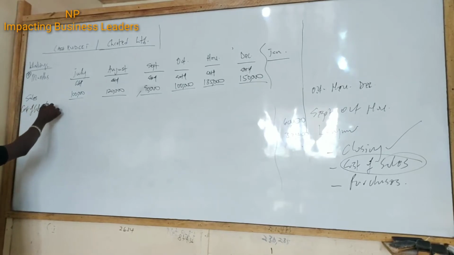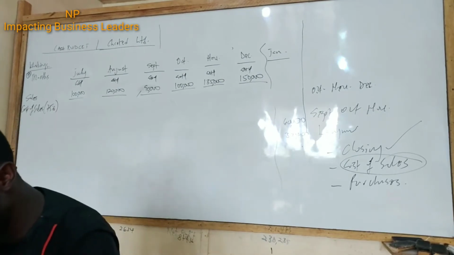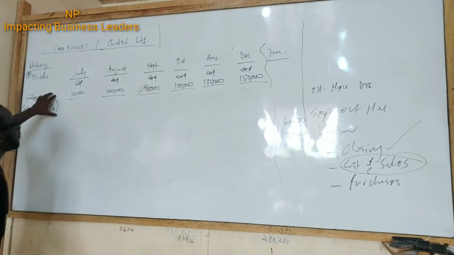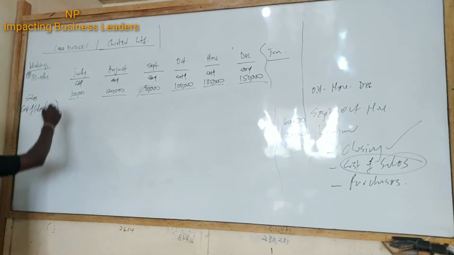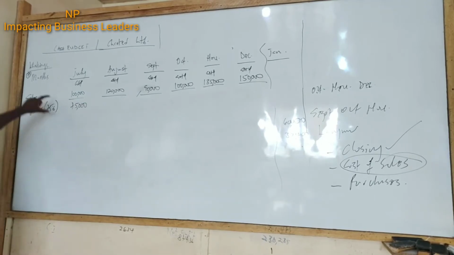Cost of sales is 75% of the month's sales. So let's go: 75% of 100,000 is going to be 75,000.